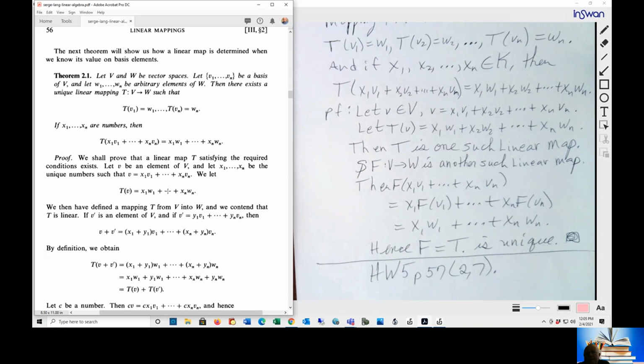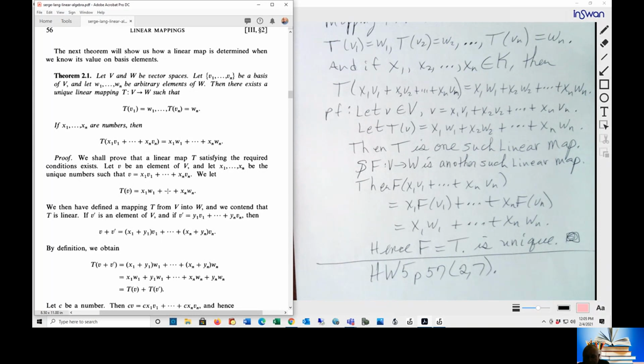Okay, so let T of v be the linear combination. This is a definition now. x1 w1 plus x2 w2 plus dot dot dot plus x sub n w sub n. Then T is one such linear mapping.